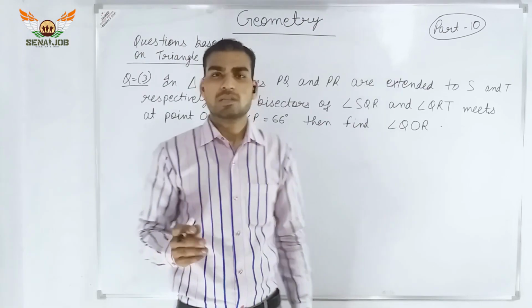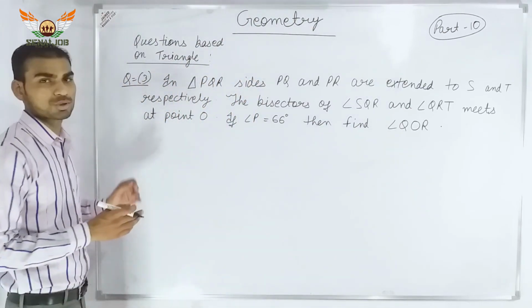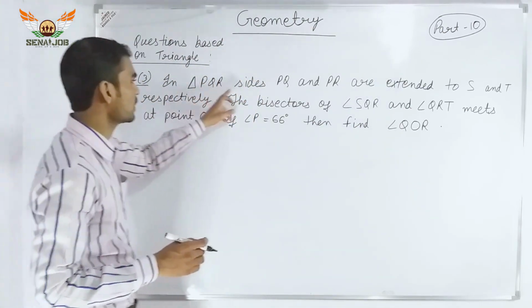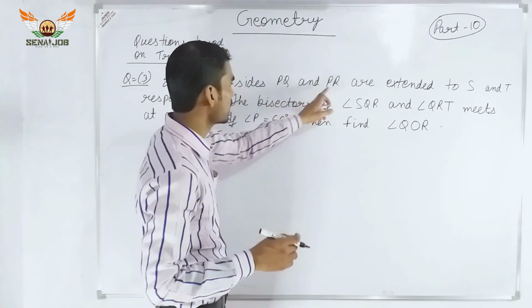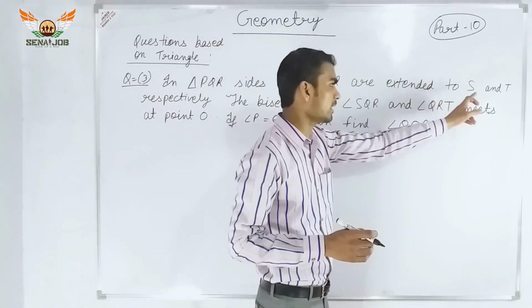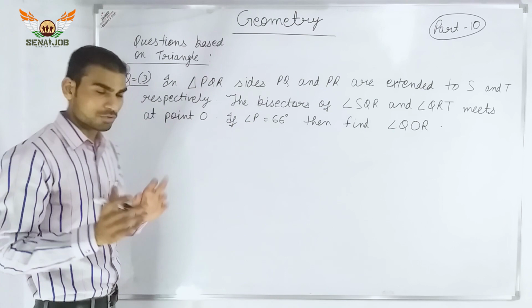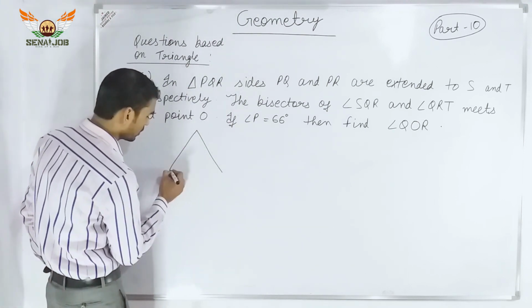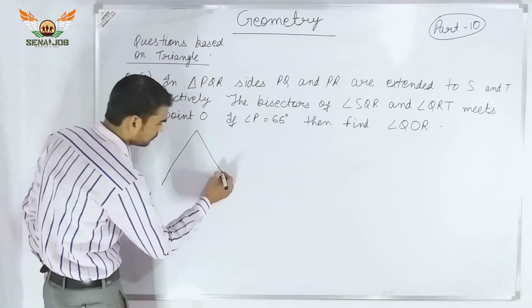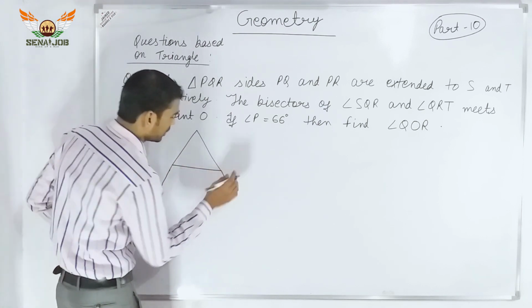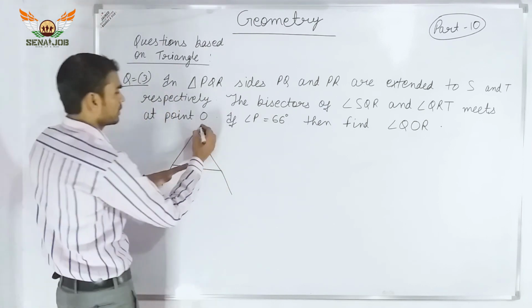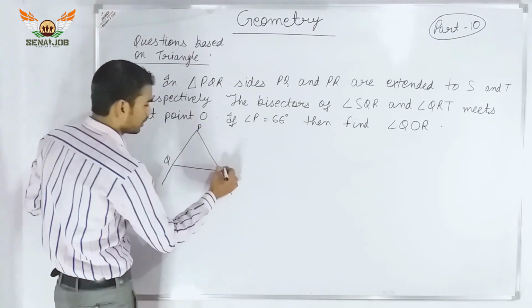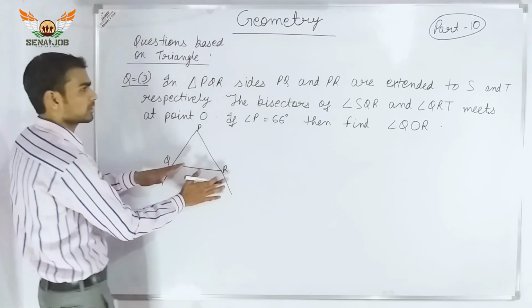Okay. Now let's come to our question number 3. Question number 3 is, in triangle PQR, sides PQ and PR are extended to S and T respectively. So first of all, you have to draw a triangle like this. This is triangle PQR.